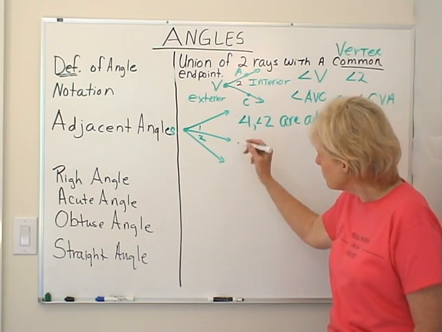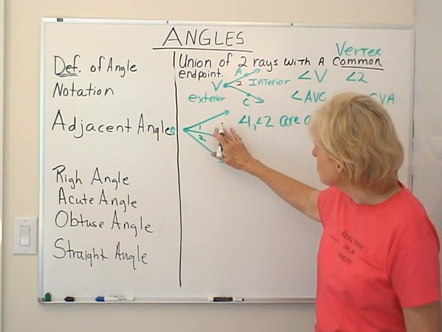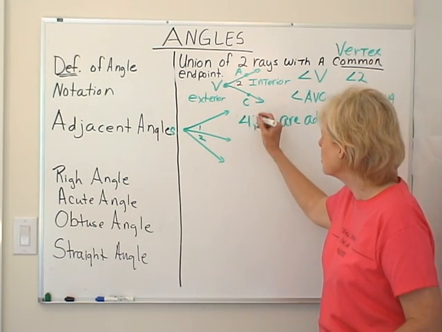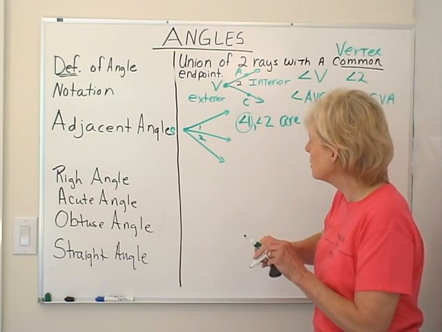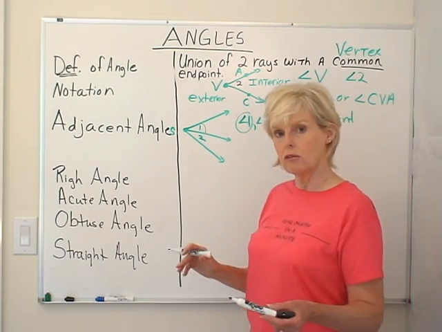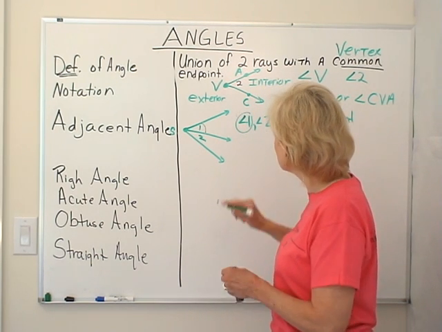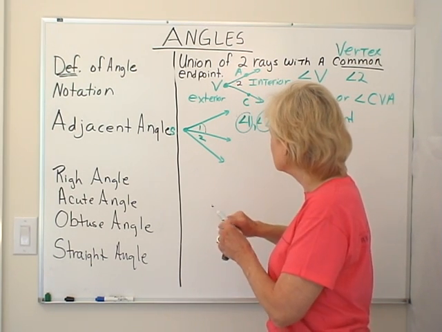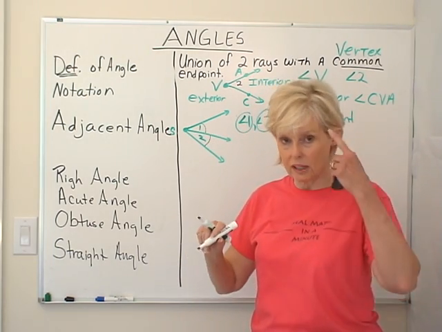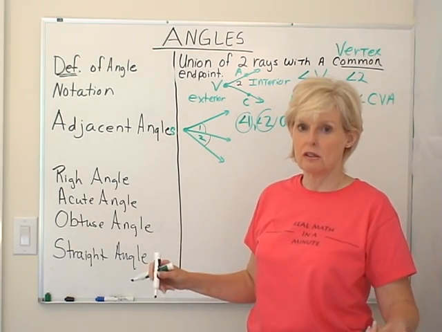This is a good way for us to look at notation a little bit more. If I say angle 1, then hopefully you know that I mean just that angle right there. And if I say angle 2, then I mean this angle. Now I'm not saying they're the same size, I'm just trying to get names going here.